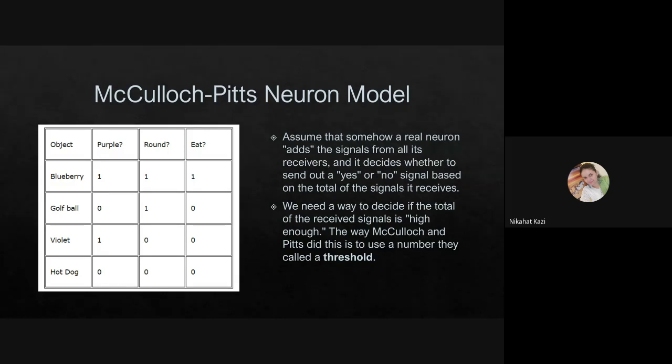The threshold that was there in a biological neuron is basically how it is represented here in the McCulloch-Pitts model. Okay. So in the McCulloch-Pitts model, you just assume that you are adding all the signals which are there, and based on the total that you're getting, you're going to decide whether yes or no depending on the threshold that you decide.